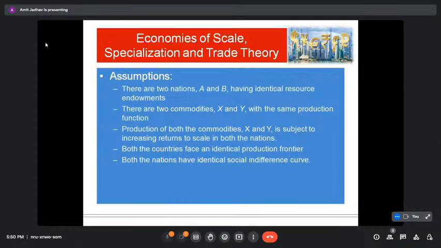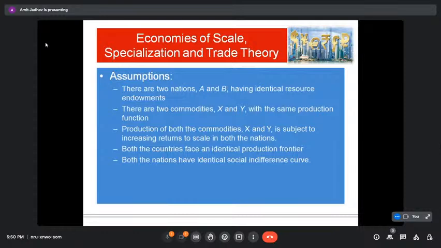So production of both commodities X and Y is subject to increasing returns to scale in both nations, and both countries face an identical production possibility curve. Why are they facing the same production possibility curve?